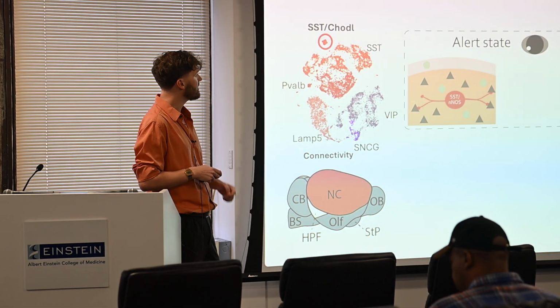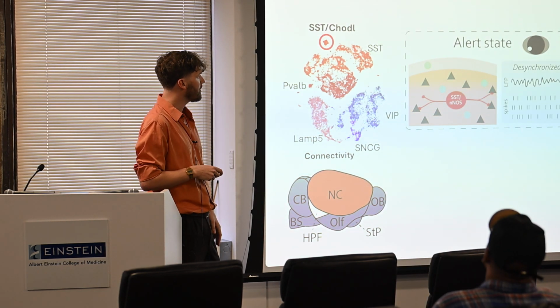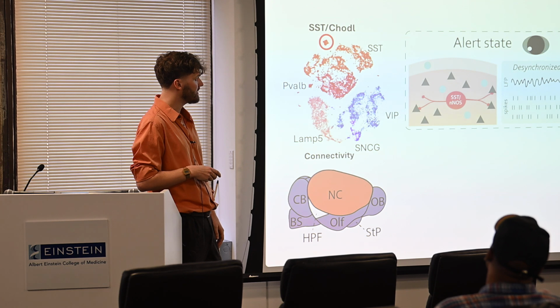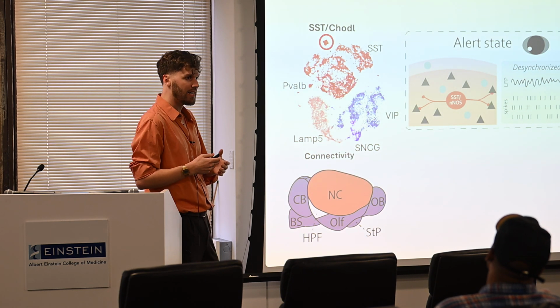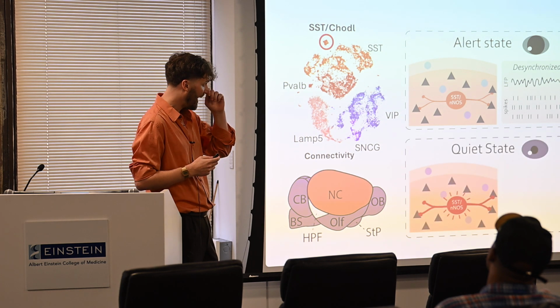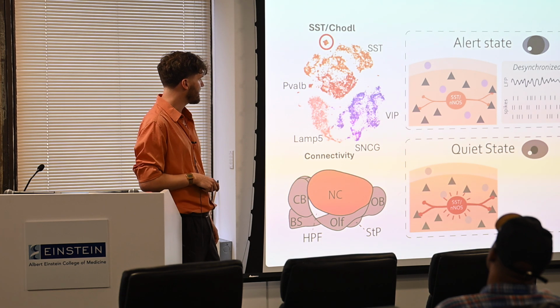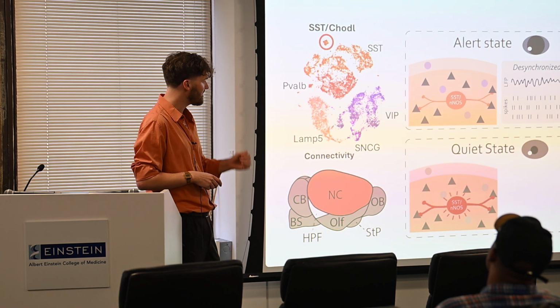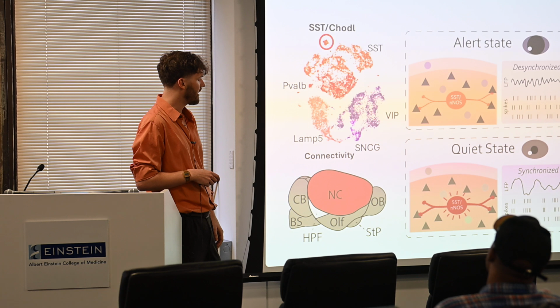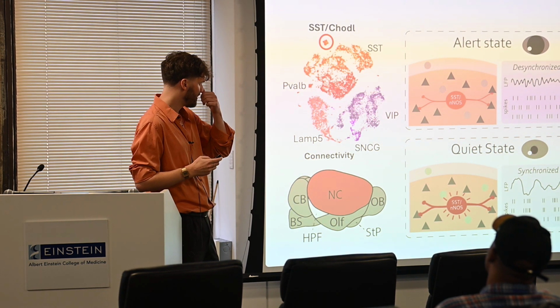During alert states, these somatostatin cortical cells are largely inactive, and cortical networks are largely desynchronized, as the somatostatin cortical cells are not able to act on local cortical circuits. However, during more quiet states, these somatostatin cortical cells are really quite activated, and cortical networks are synchronized, as these cells are able to act on these local circuits.